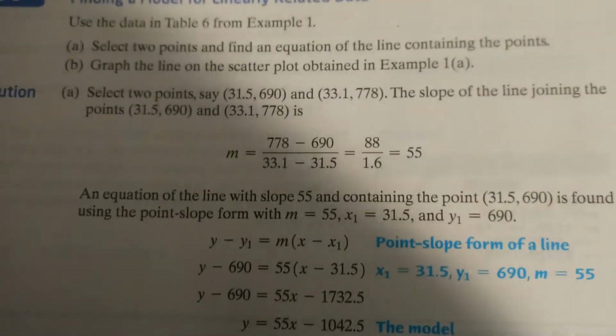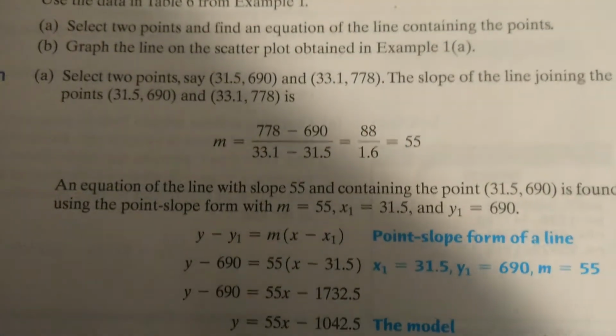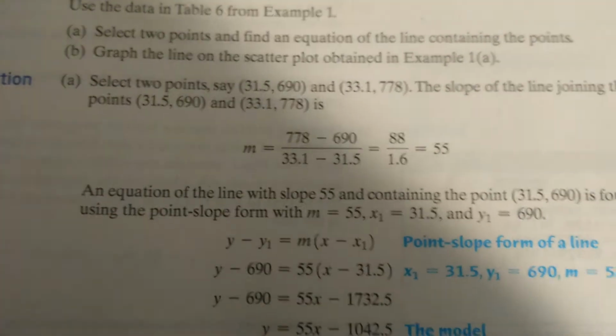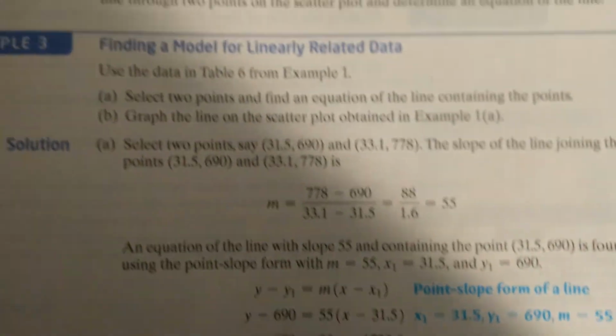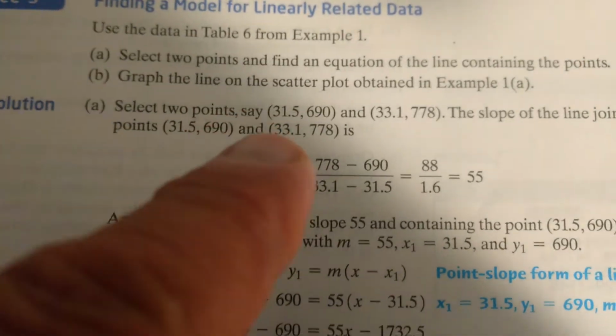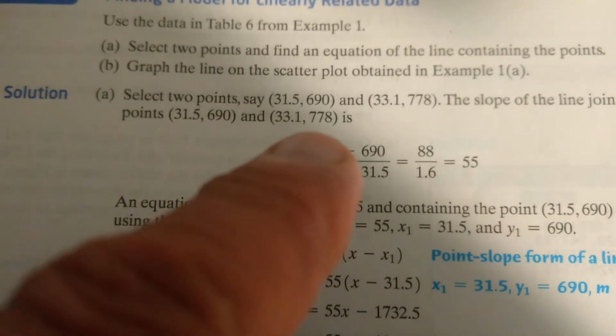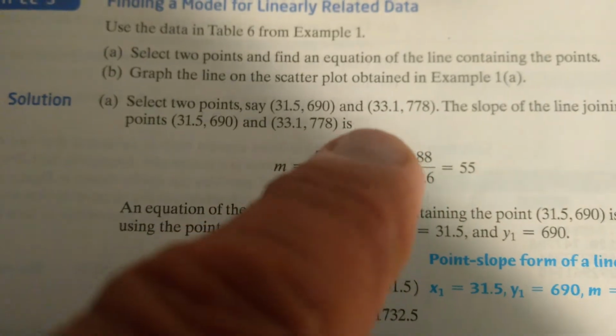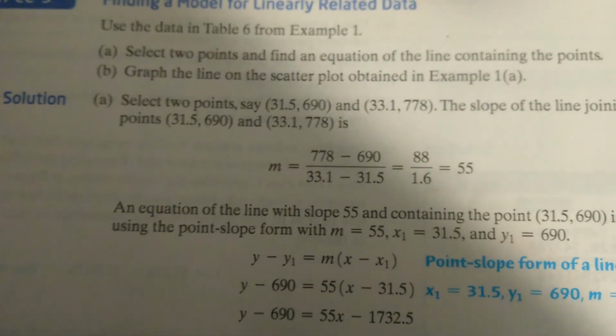Okay? Now, one of the things that we do with this is we still use slope and point slope to get an equation. What they've done here in example 3 is they've picked the points (31.5, 690) and (33.1, 778).